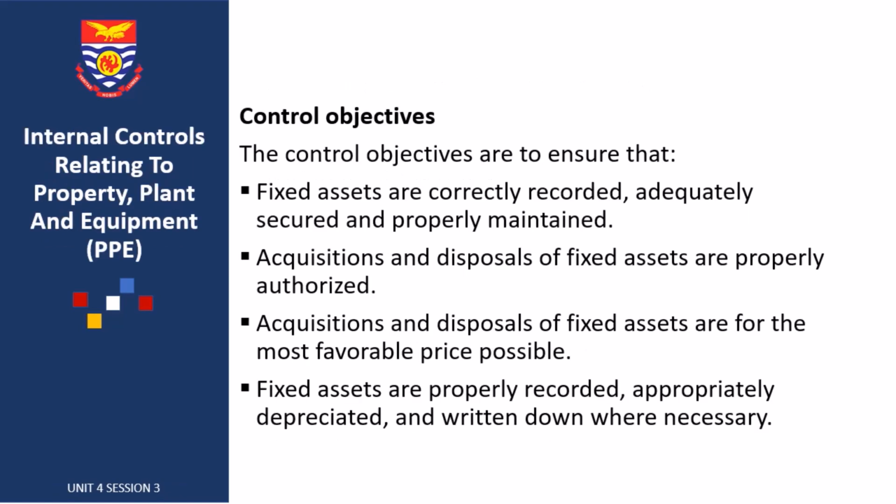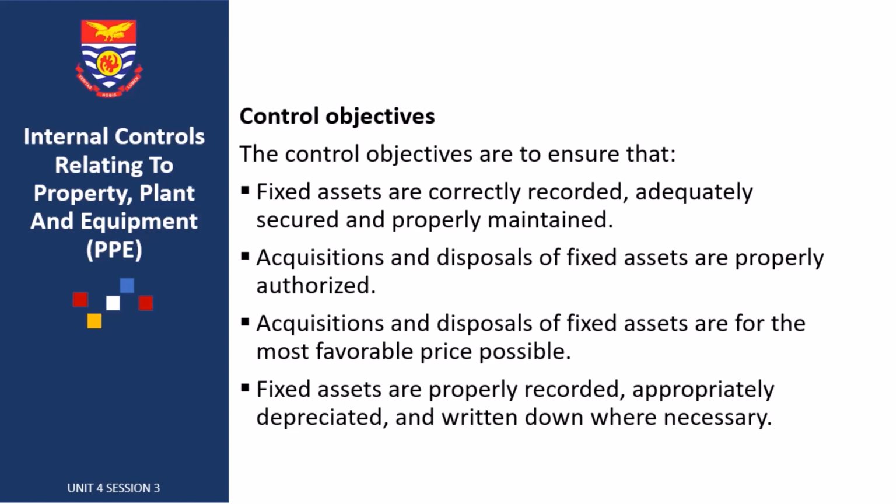So let's look at the internal control relating to PPE, property, plant and equipment. As usual, we have certain objectives. The control objective has to ensure that fixed assets are correctly recorded, adequately secured and properly maintained, and that acquisition and disposal of fixed assets are properly authorized.